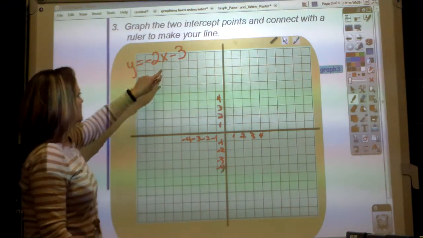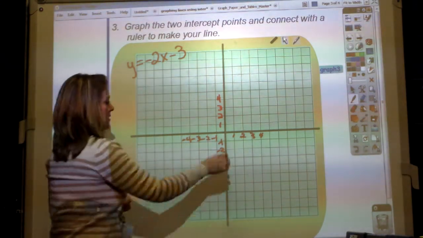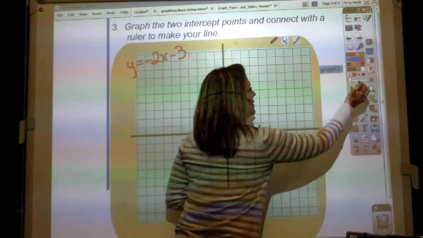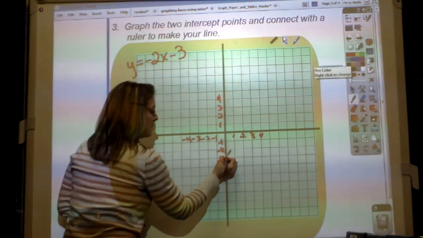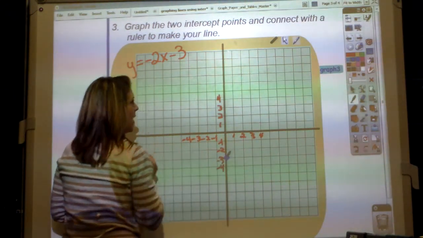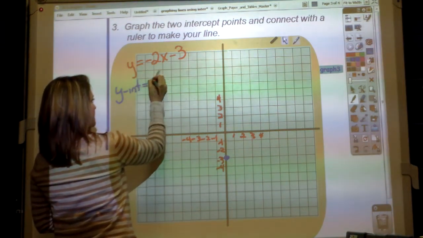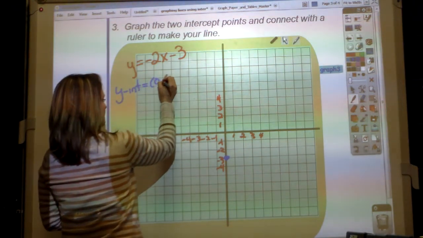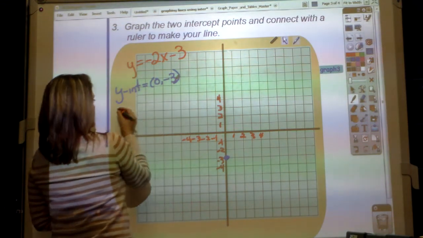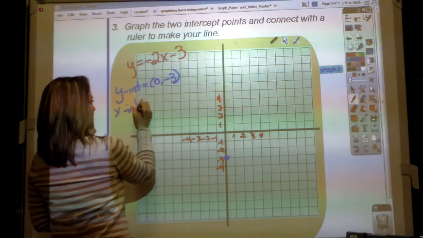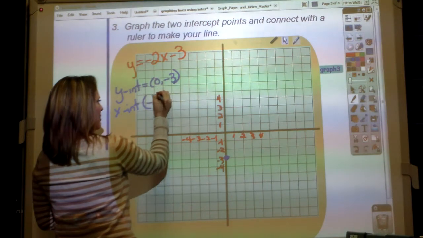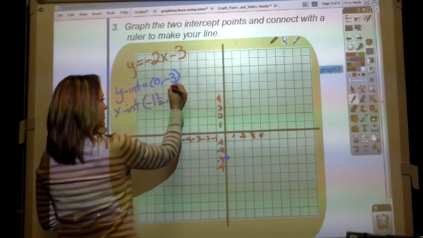Messy, but got some numbers there. The y-intercept is at 0, -3. So I'm going to be at -3 on the y-axis. The x-intercept was at -1.5, 0.